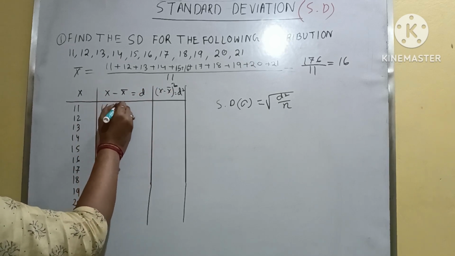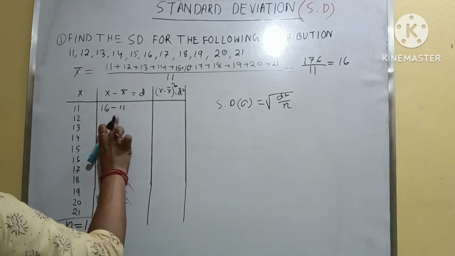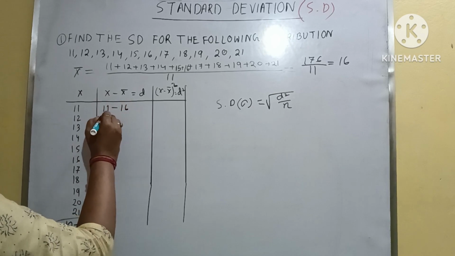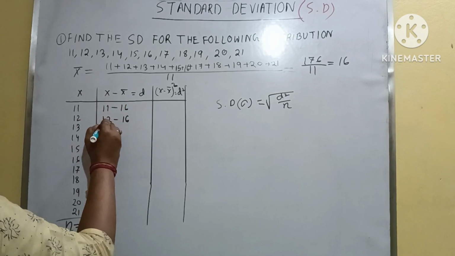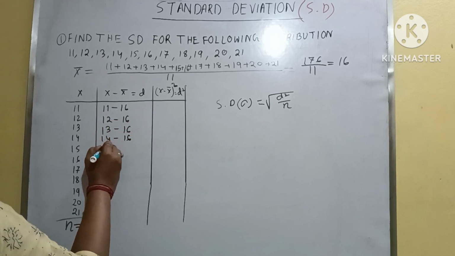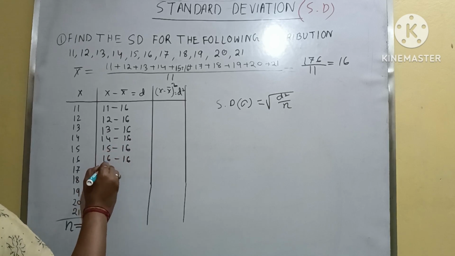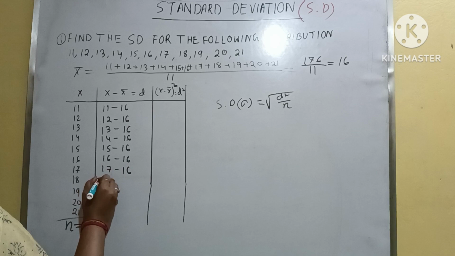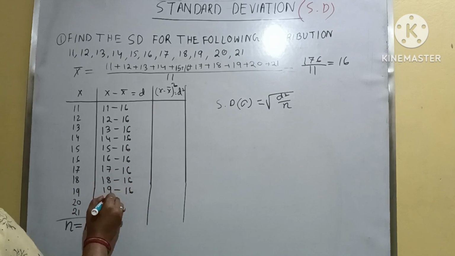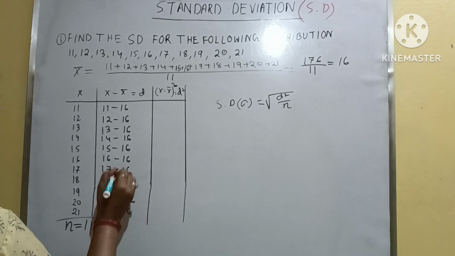So 11 minus 16, 12 minus 16, 13 minus 16, 14 minus 16, 15 minus 16, 16 minus 16, 17 minus 16, 18 minus 16, 19 minus 16, 20 minus 16 and 21 minus 16.